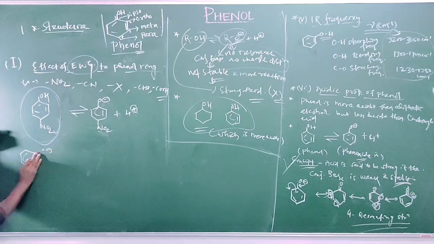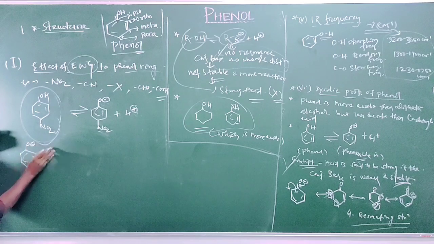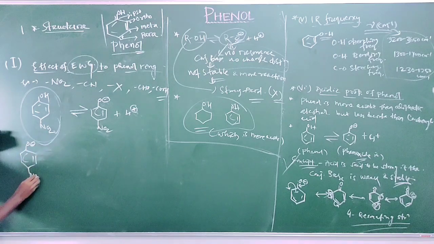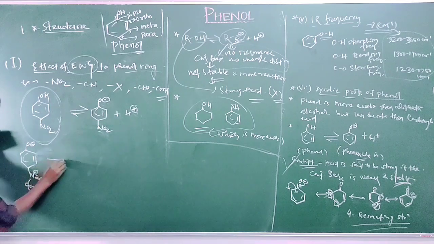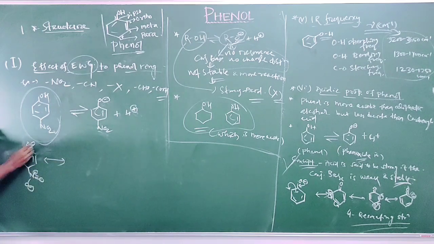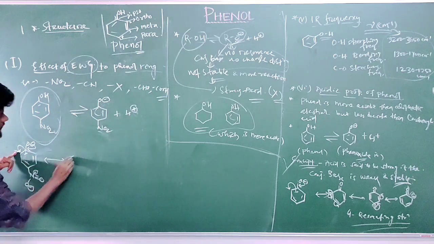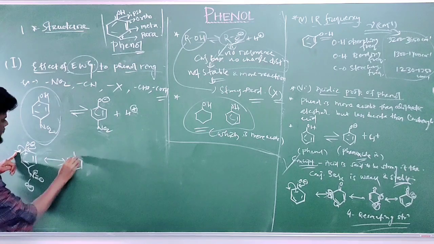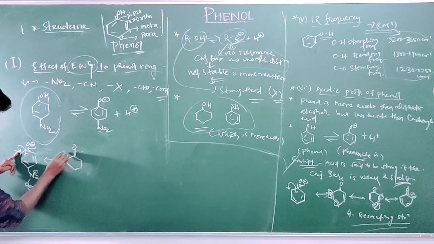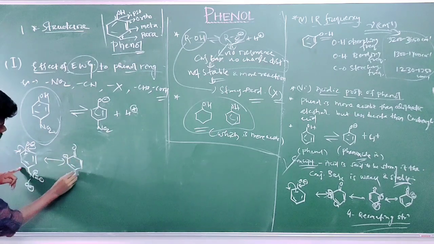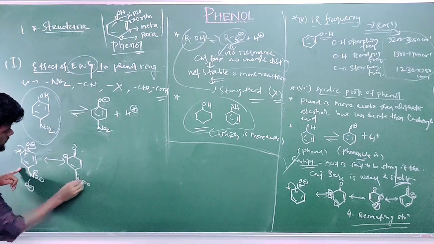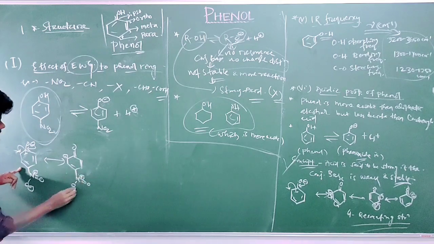O minus here, and the nitro group: N double bond O, O minus, with tetravalent nitrogen positive. Now draw a similar resonating structure. This bond moves over to the ortho carbon. What is the next product? Double bond O, negative charge, and the nitro group with nitrogen positive and oxygen negative.